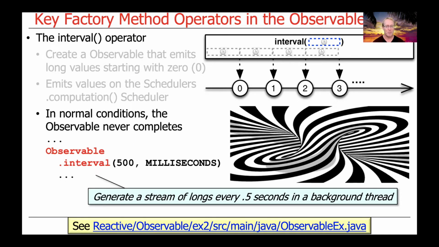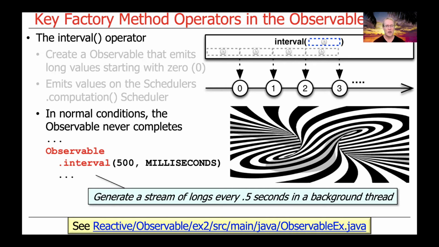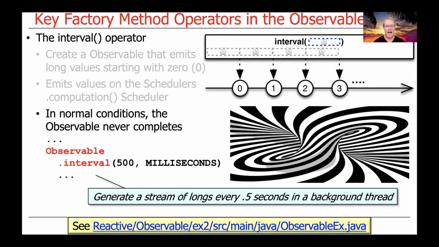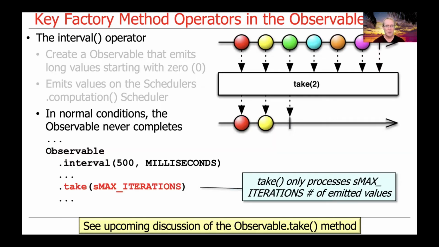So this particular example here, which again we'll take a look at when we get to the case study at the end of this lesson, will generate a stream of longs every half a second in a background thread forever. And that's why we typically combine interval with a suppressing operator like take in order to bound the amount of things it actually emits. So this will only emit max iterations number of emitted values before it stops.